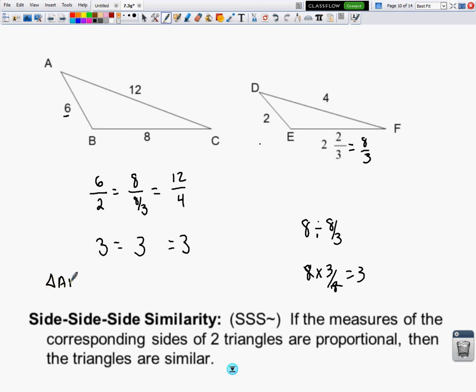triangle ABC is similar to triangle DEF by side, side, side similarity.